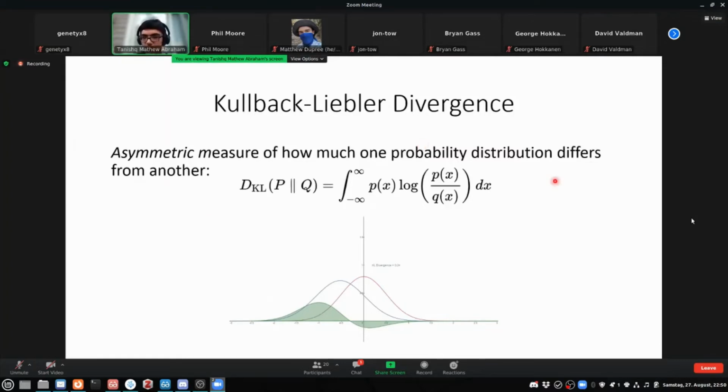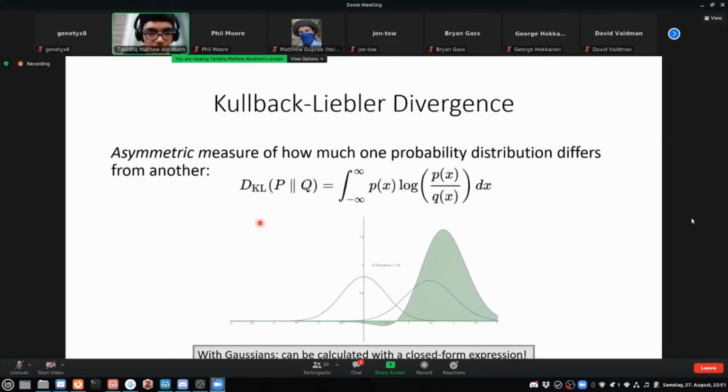There was a video showing that as the two distributions get closer, the KL divergence goes to 0. That's just a review, because a lot of the derivation does use KL divergence as well.